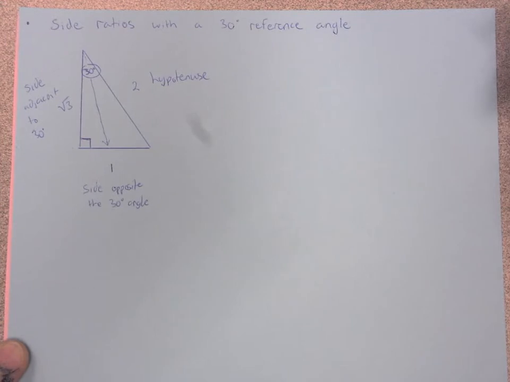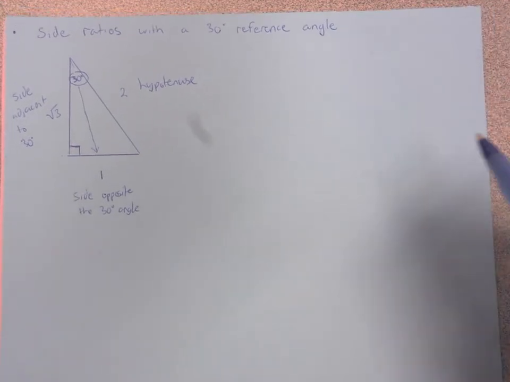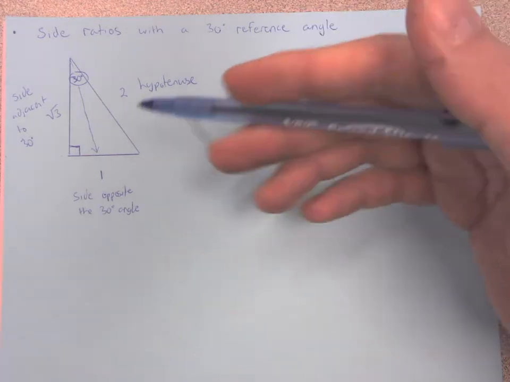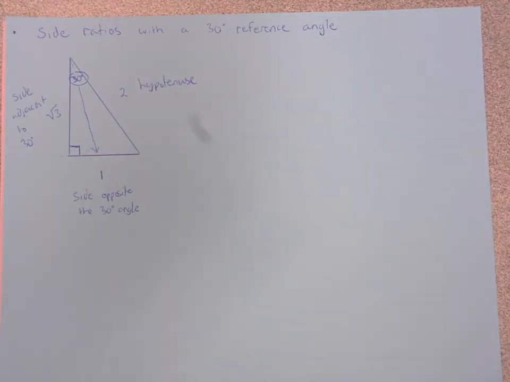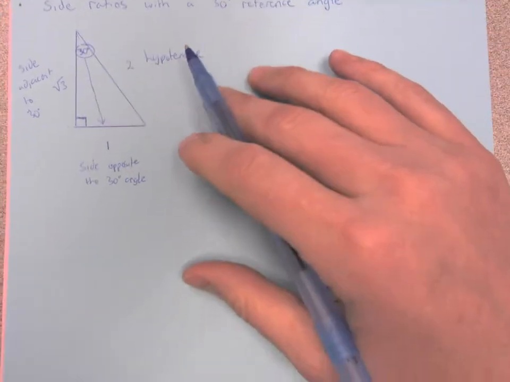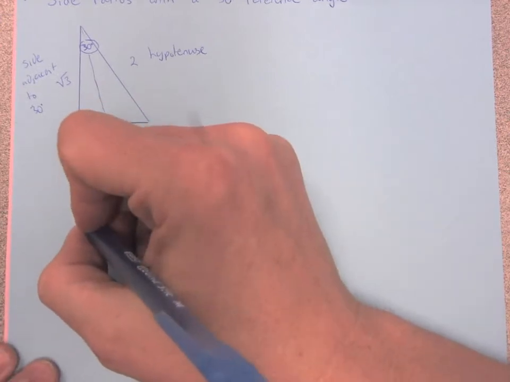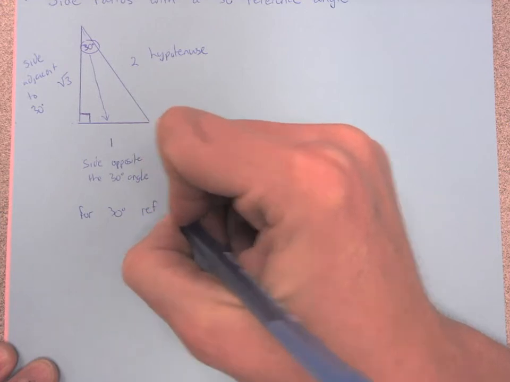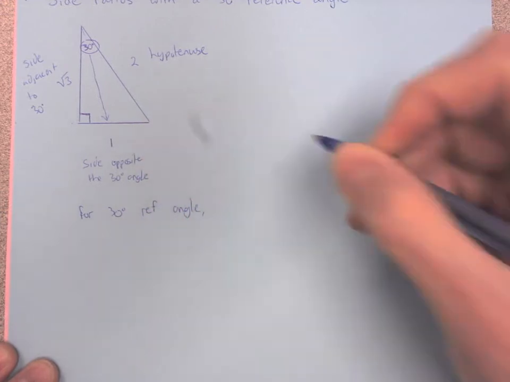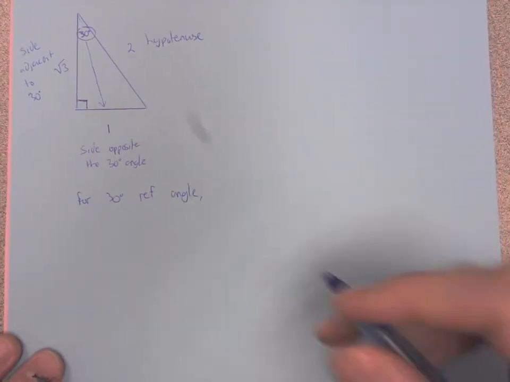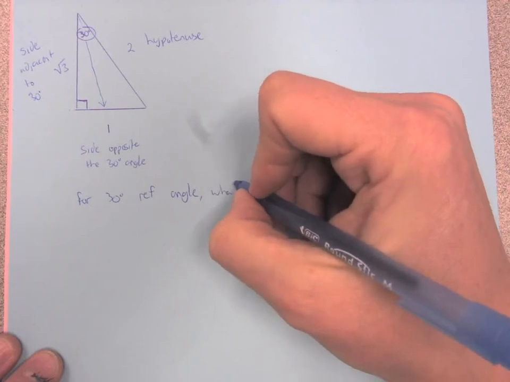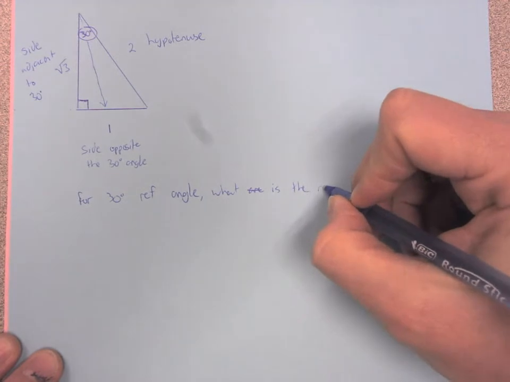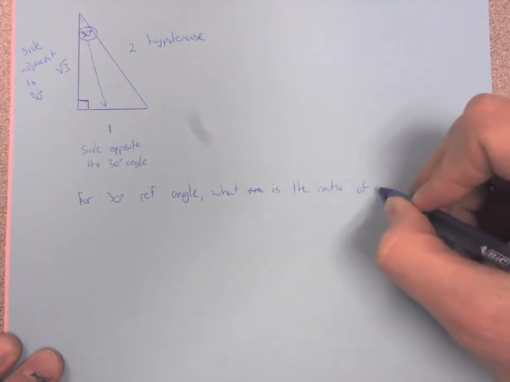What we're going to do now is write the ratios of the sides of this triangle. We already kind of know the side lengths, but let's write some ratios. For a 30-degree reference angle, what is the ratio of the sides?